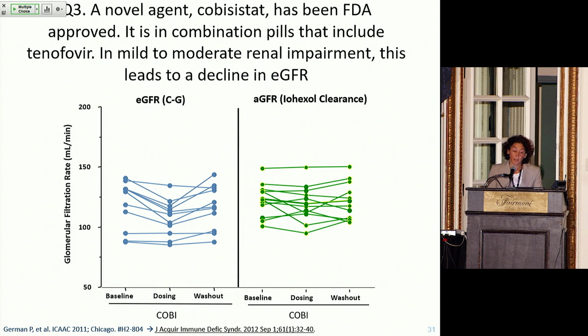And so here it is, question 3. A novel agent called cobicistat has been FDA approved. It's in combination pills that include tenofovir. And in mild to moderate renal impairment, this leads to a decline in estimated GFR.